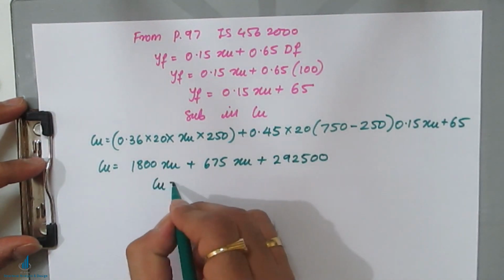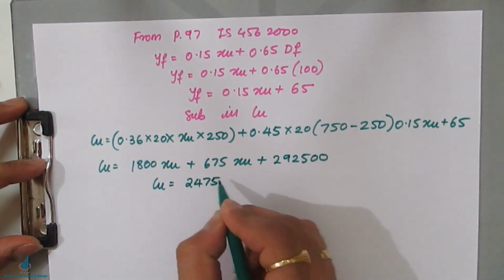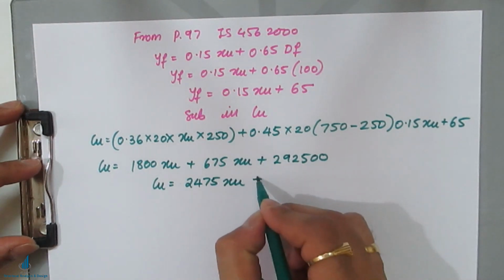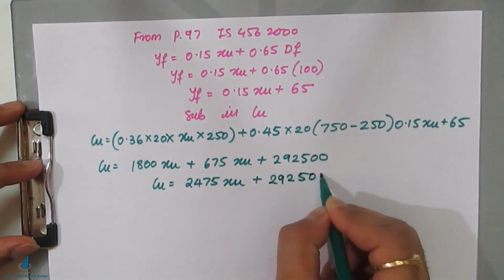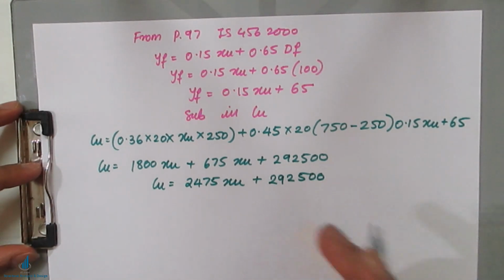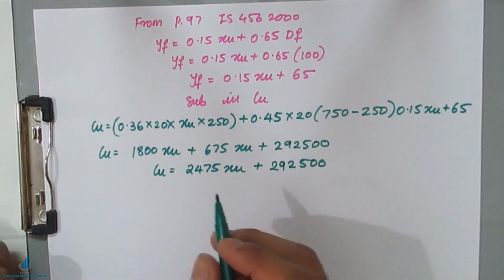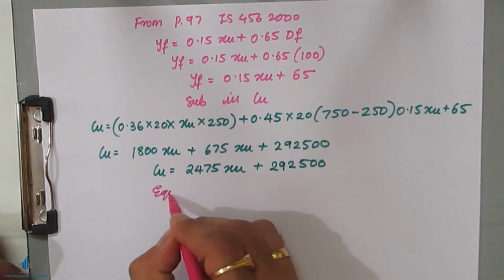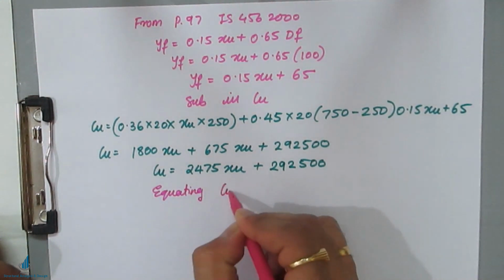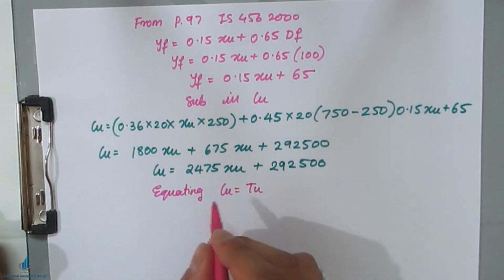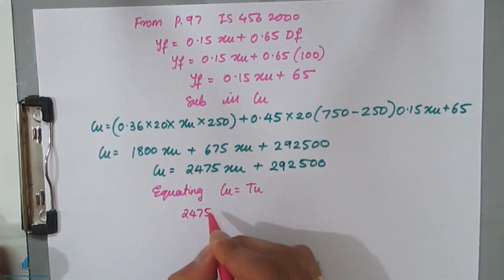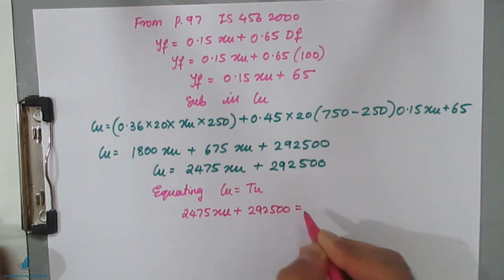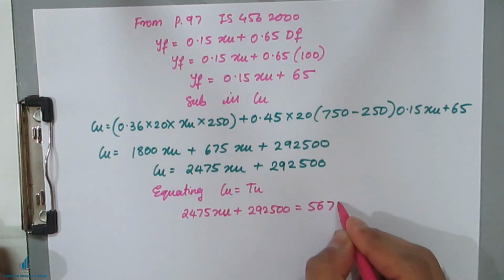Then Cu equals 2475 xu plus 292,500; add 1800 plus 675. Then you can equate Cu equal to Tu. So Cu is 2475 xu plus 292,500 and Tu was 567,137.